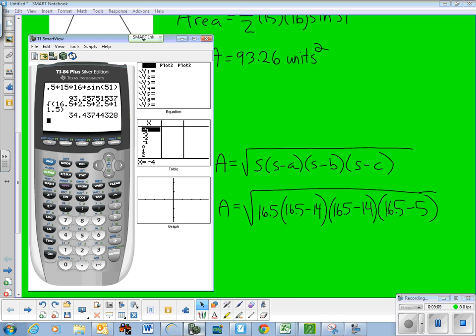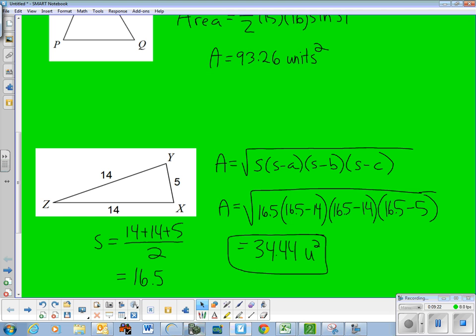We get 34.44 units squared. So there's our first use with Heron's formula.